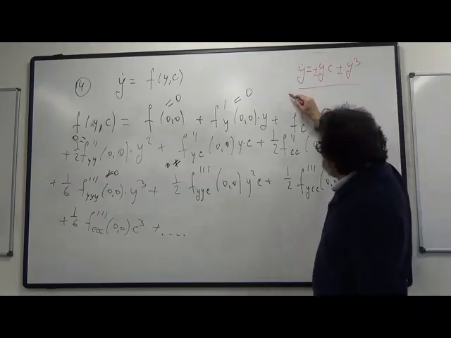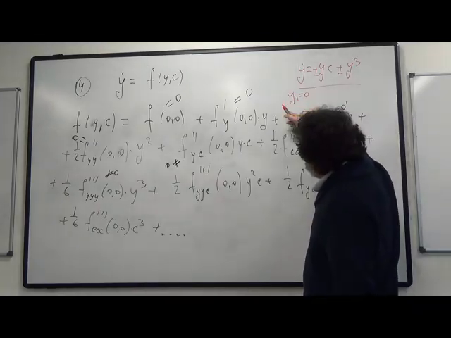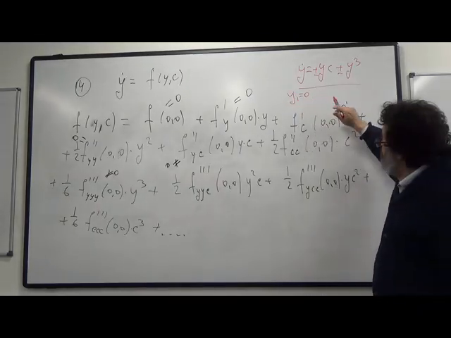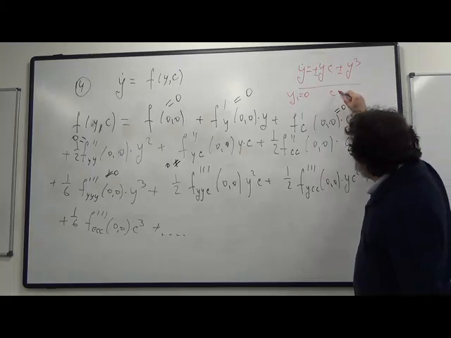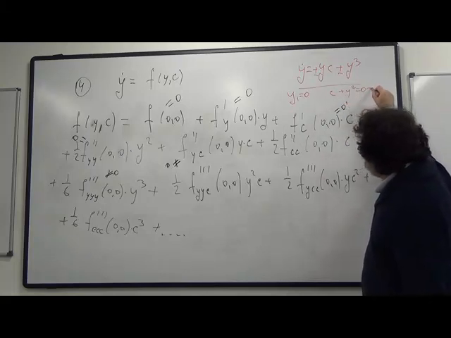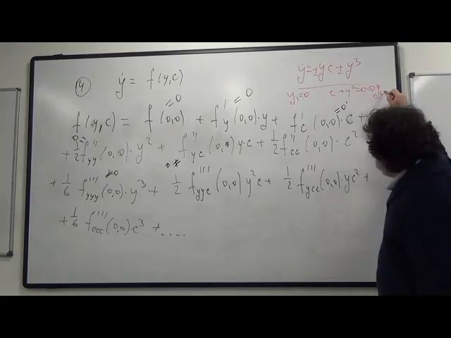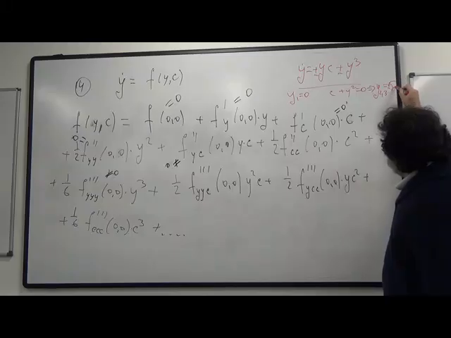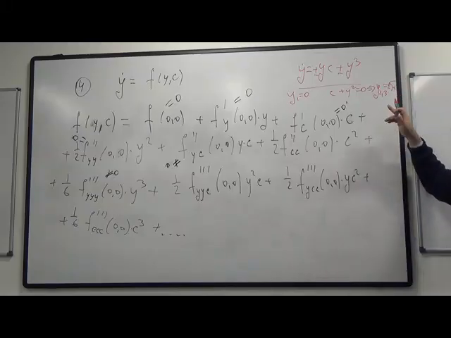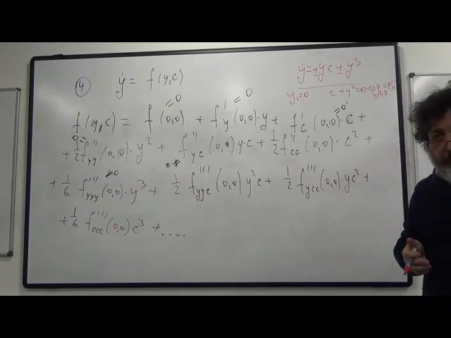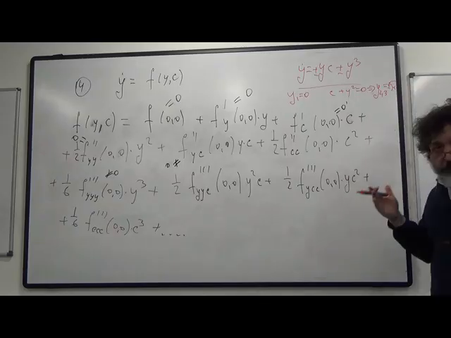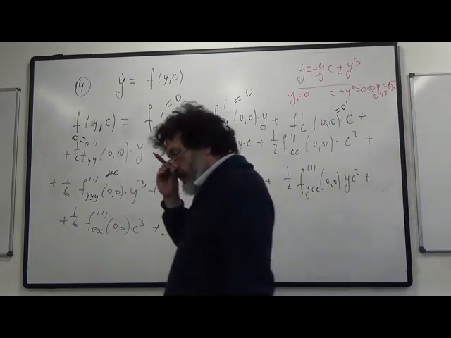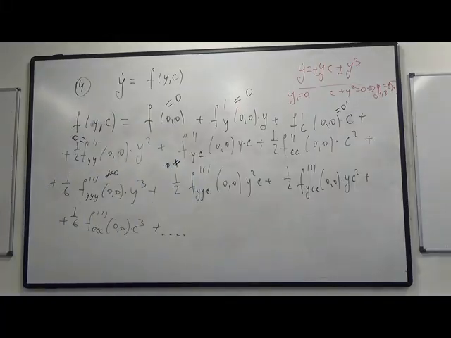So 0 exists always, but two others, c plus y squared equal to 0, means that the two other roots are plus minus square root of minus c. If c is negative, they exist. If c is positive, they don't exist. So we have either 1 or 3. This is pitchfork bifurcation.